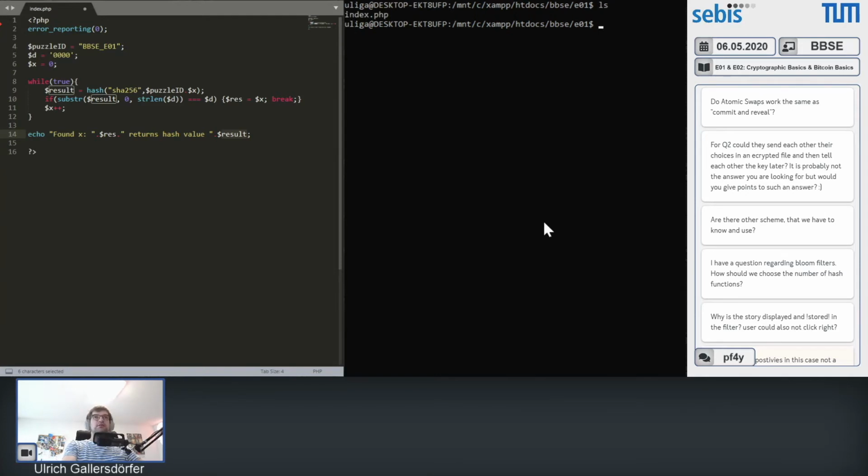If I take a look, it's only the index PHP, so now I can do php index.php, and it generates for me 7852, with that hash value. I don't know how many of you tried it, but that should be the solution for the exercise here.